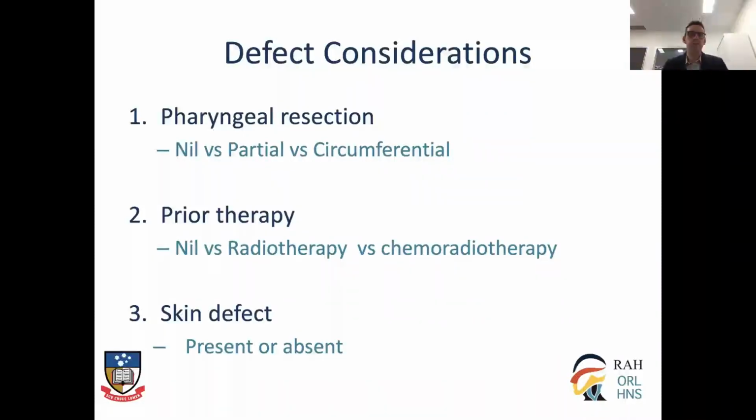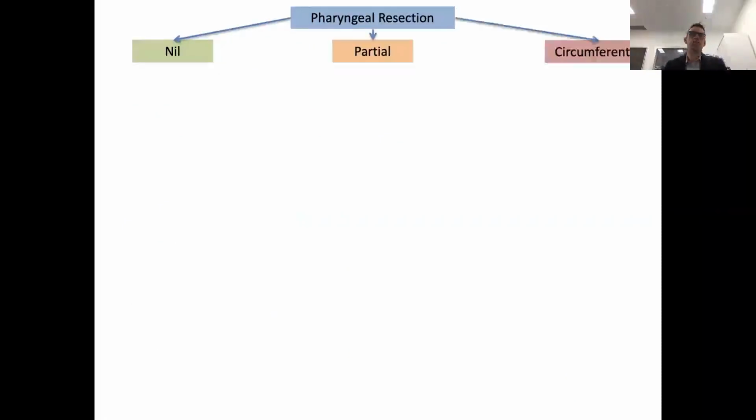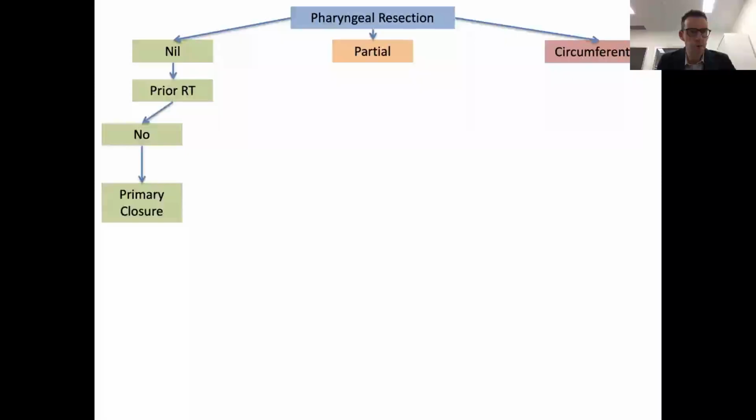So these are the key considerations that are going to form part of the algorithm that I'll talk through in the coming slides. So when we consider pharyngeal resection or reconstruction, we first consider the resection. Is there no pharyngeal resection, partial or circumferential, as I've just outlined? In those patients who've not had pharyngeal resection, have they had prior radiotherapy?